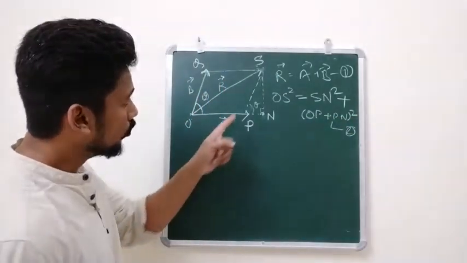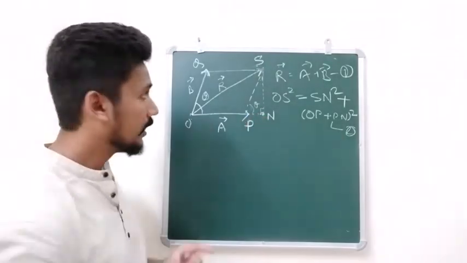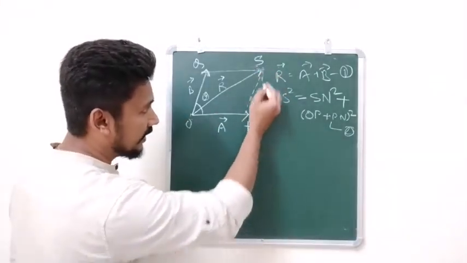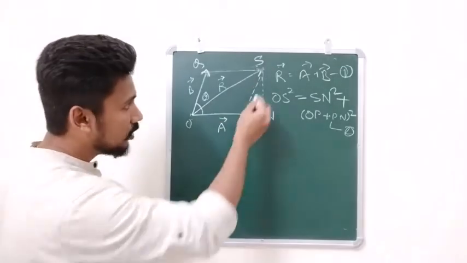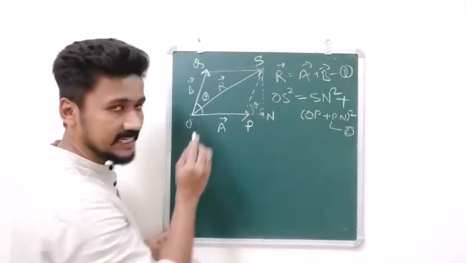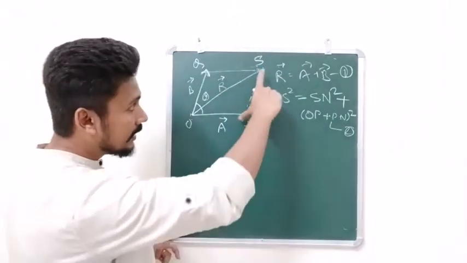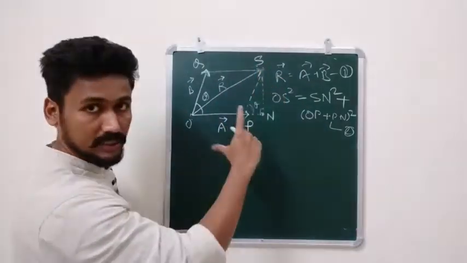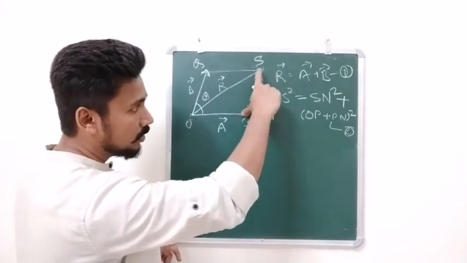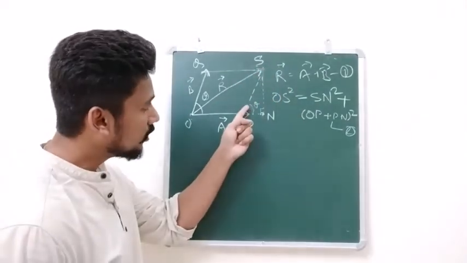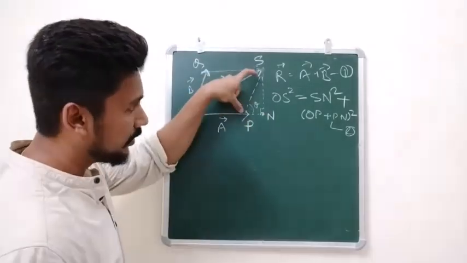Now, I want you to look at only one triangle, the right angle triangle SNP. When you look at SNP, if this angle is theta, then SN is equal to B sine theta. How is it B sine theta? Sine of theta is opposite upon hypotenuse.